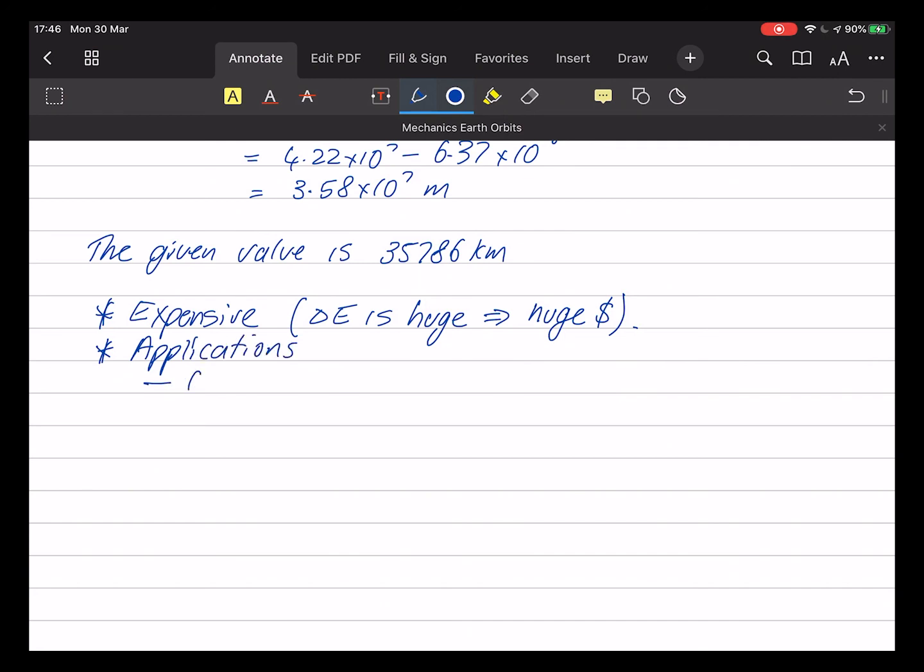And so applications. If you have a communication satellite that only services the one area, and so early on in the history of satellites, there was a big battle to get your communication satellites into this particular orbit, because you could spend a lot of money on one or two satellites and cover the majority of your country.